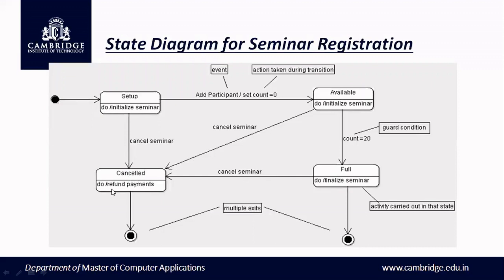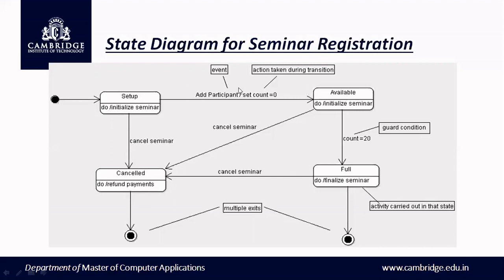It is a refund activity, because it may happen that payments have been made by the participants, so these participants have to be refunded. The activity we have identified here is refund payments, for all the participants.